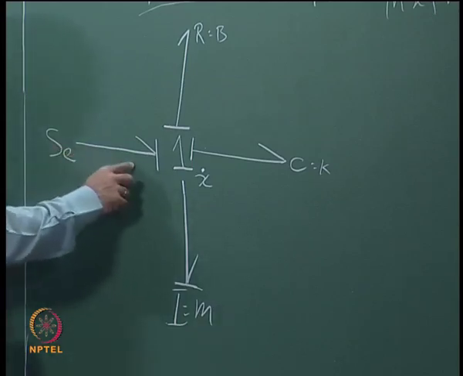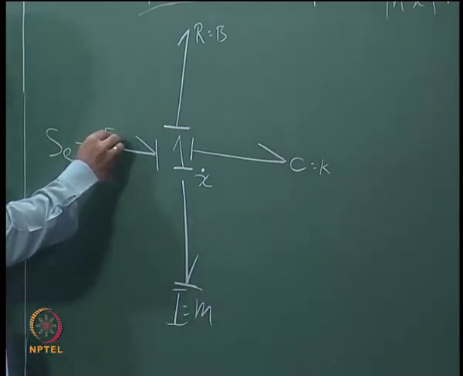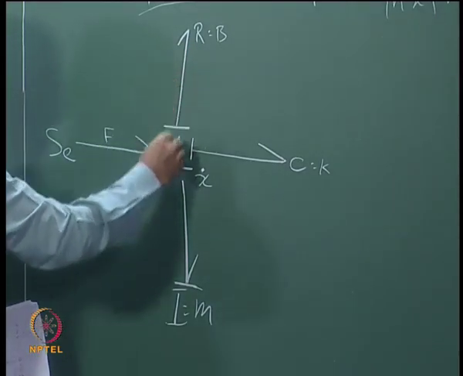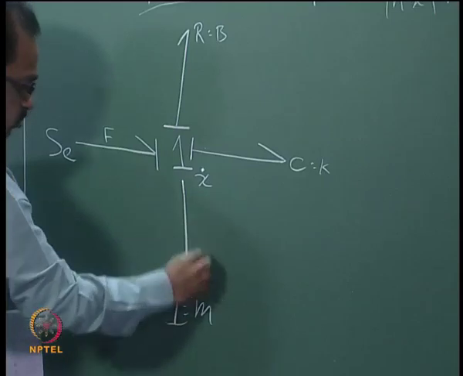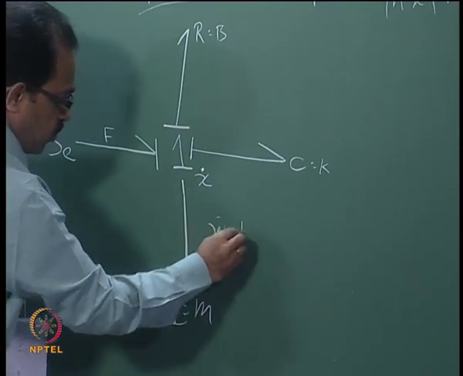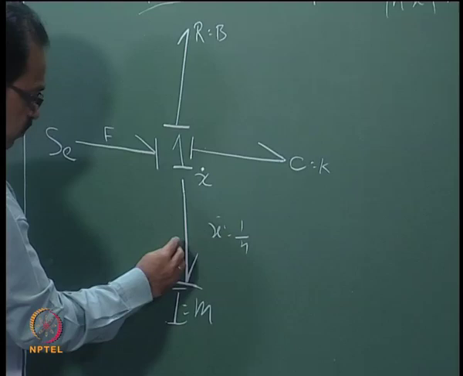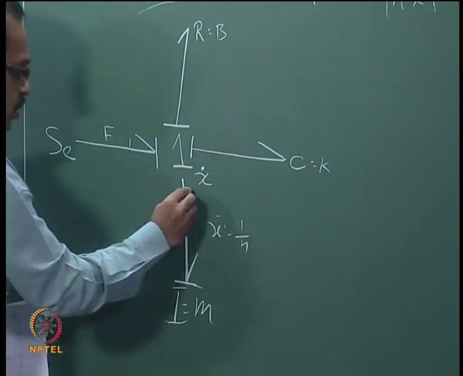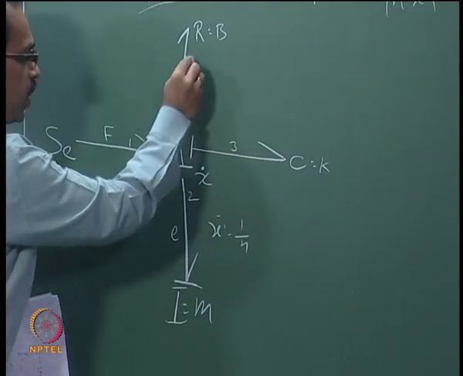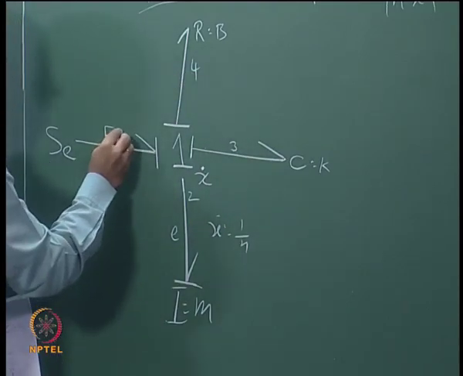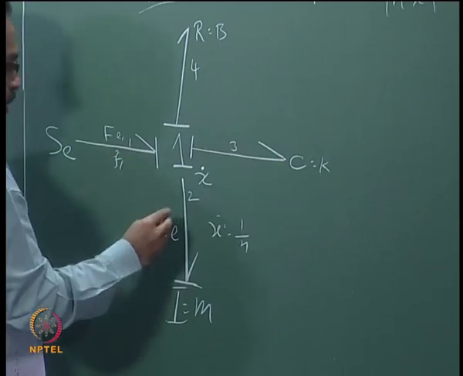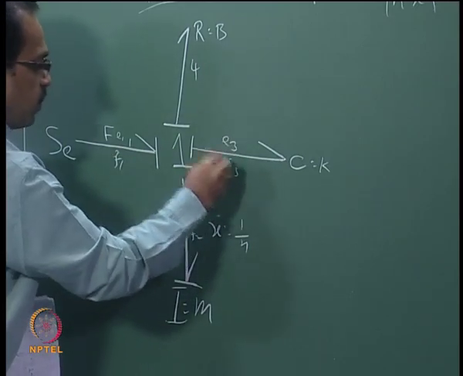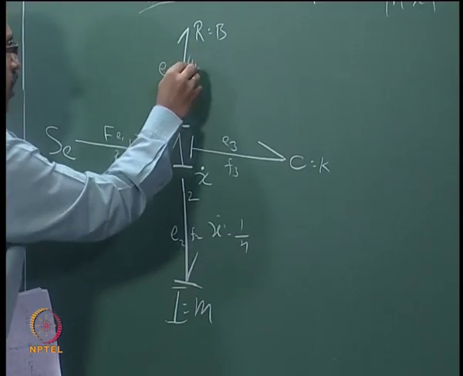We have this source effort, so we know that this is a force coming, and then this is the R, this is the effort, this is the velocity. So we have an effort coming here. If I number these 1, 2, 3 and 4, I can write E1 F1, E2 F2, E3 F3 and E4 F4.